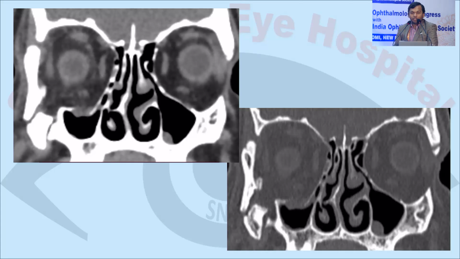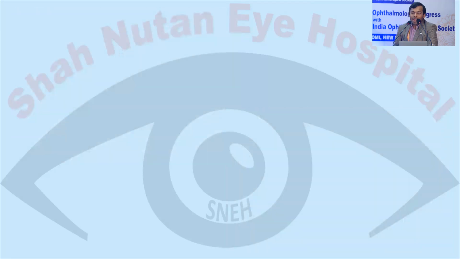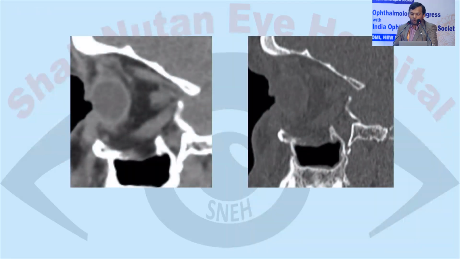Bony window is extremely essential to know the exact dimensions of the bony defect, and according to that we'll be planning how big of an implant, medpore or titanium mesh or whatever, has to be arranged for the patient. In such cases we also need to look at the sagittal cuts, because we need to look at the bony ledge, that is the posterior extent of the fracture where our implant would be resting.